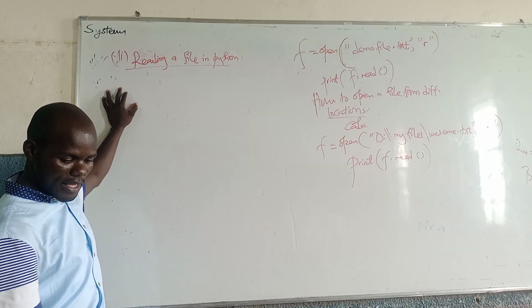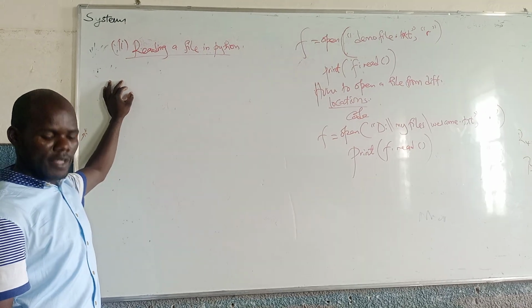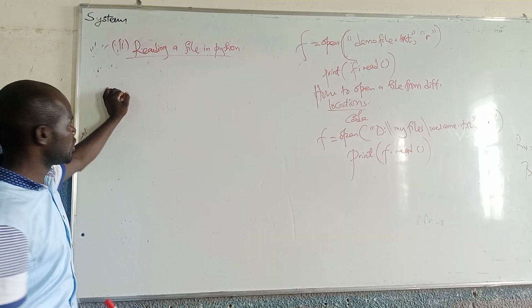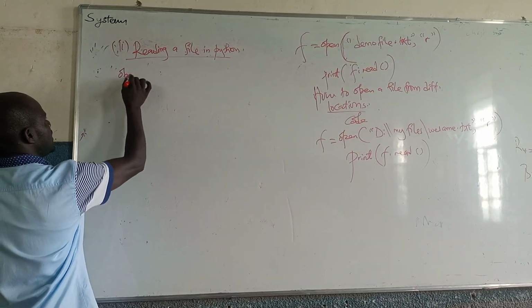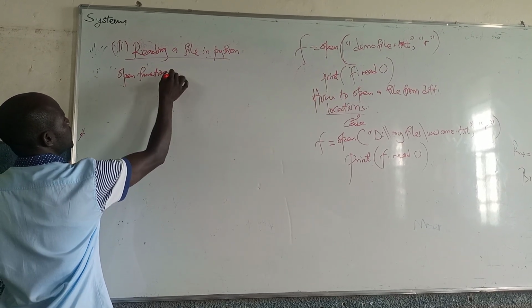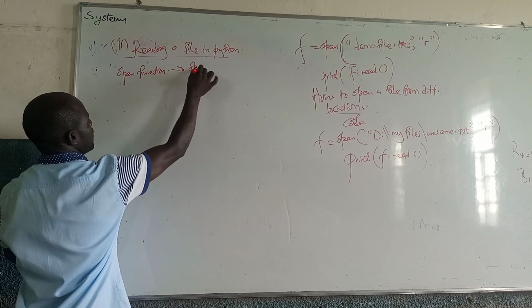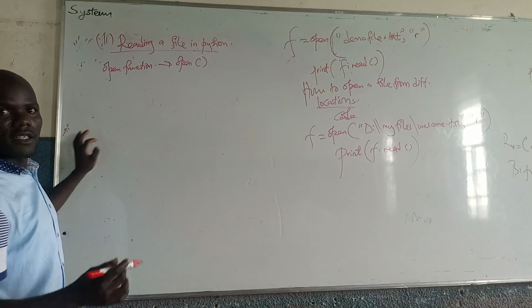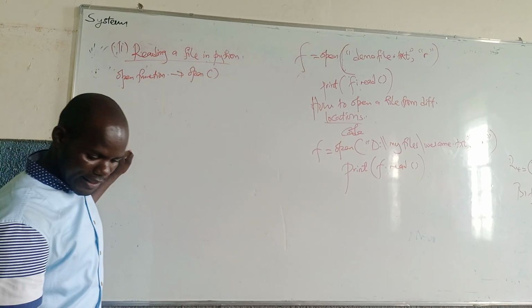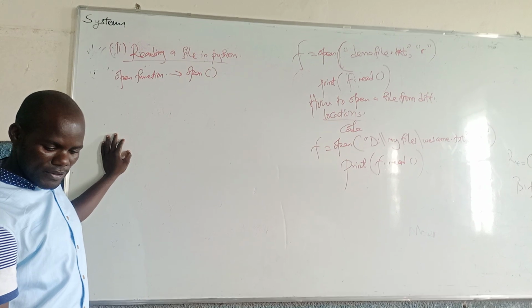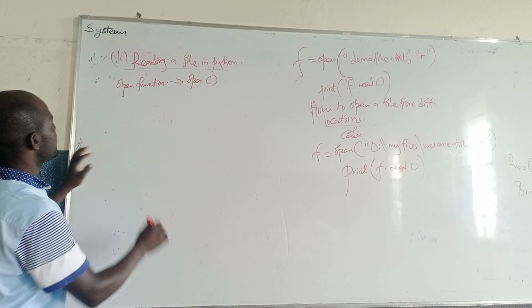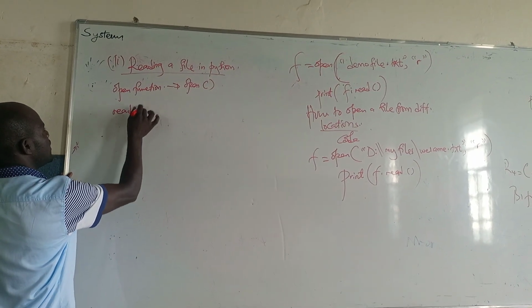The first step is to open a text file in Python for reading by using the open function. Then step number 2, read the text from the text file using the file read function.